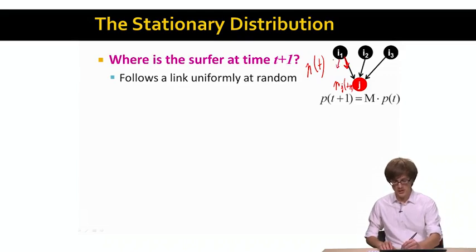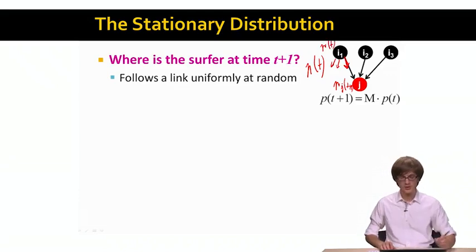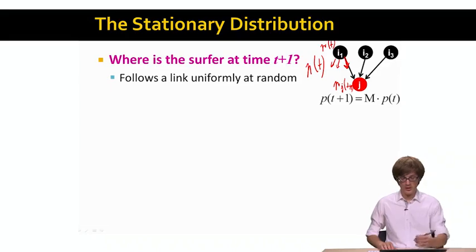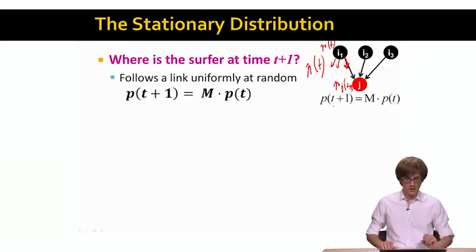Whatever the probability was that the random walker was at a given node, the walker now has to pick the outlink that points to node j. What we are basically getting is exactly our PageRank equation.